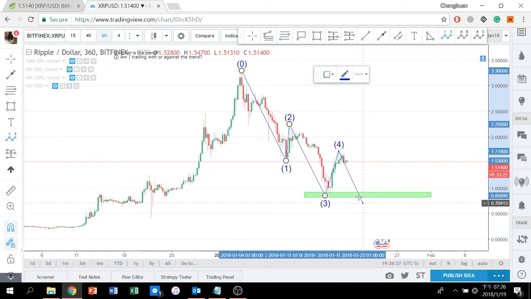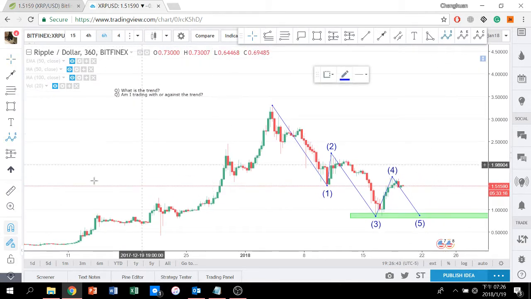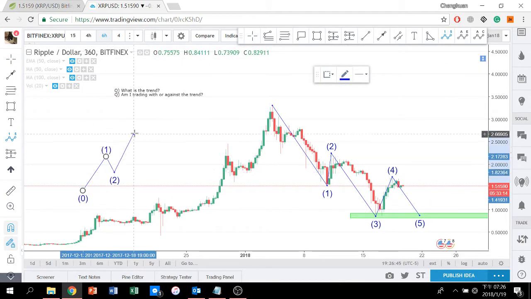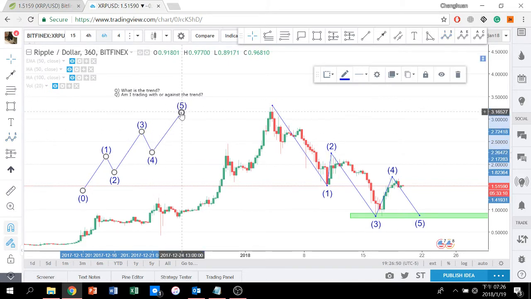I don't know where 5 will end, but it's important to note that wave 5 doesn't have to surpass wave 3, as long as wave 3 is not the shortest. It can end here, or it can end here.